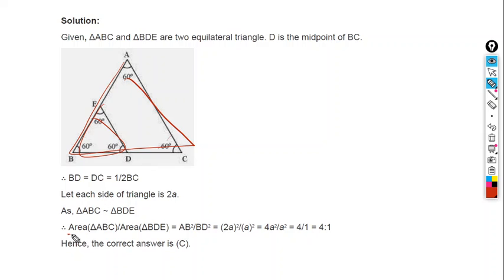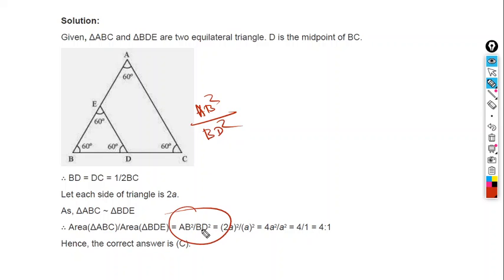Now, area of triangle ABC divided by area of triangle BDE. The area of the big triangle and the area of the small triangle will be in the ratio of the squares of their sides. Therefore, it equals AB square divided by BD square.